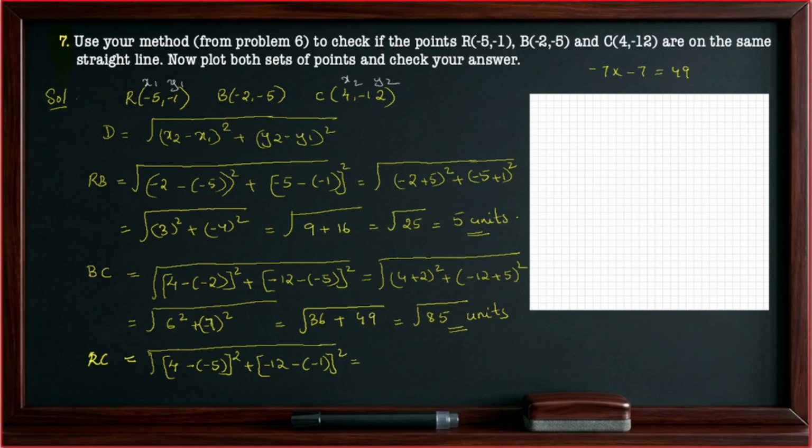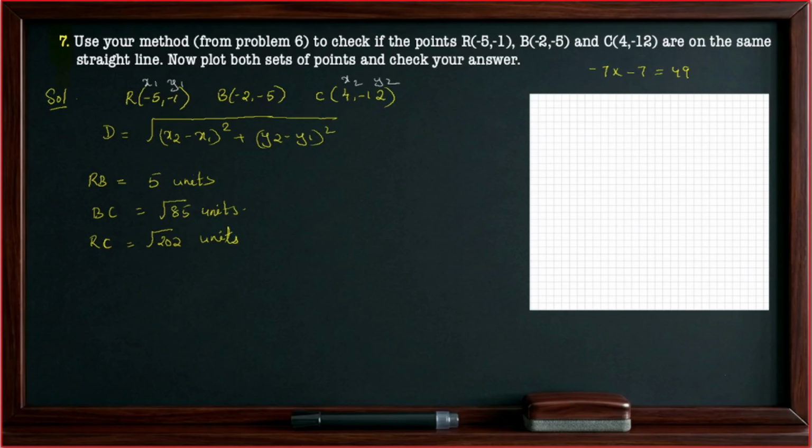This is equal to root of (4 plus 5) the whole square plus (-12 plus 1) the whole square, which is 9 square plus -11 square, equal to 81 plus 121, and the answer is root 202 units. So the values we are getting are RB equal to 5 units, BC equal to root 85 units, and RC equal to root 202 units.